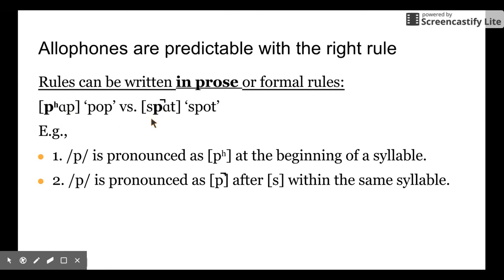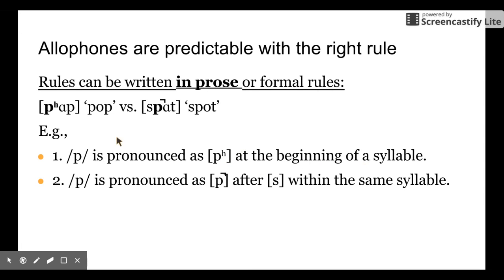However, when the P sound follows an S sound, as in spot, this P sound is not released. It has a sound quality similar to a bird sound, but still is a P sound, it just does not have the released property.